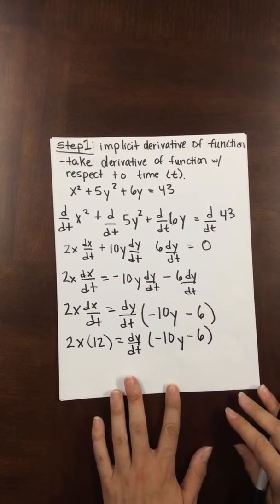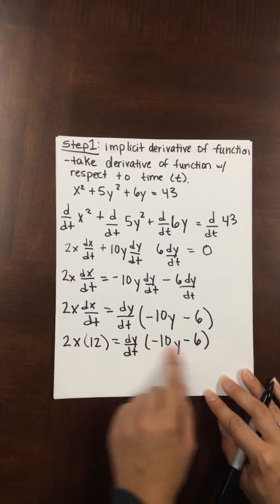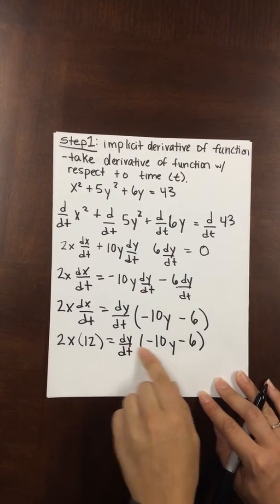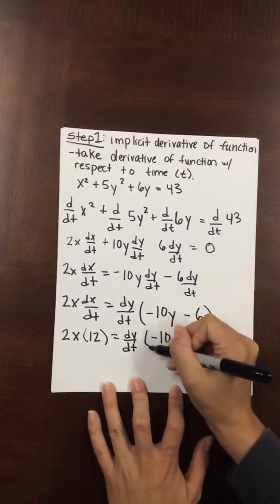If we rewrite this, we get 24x here, and then this whole section. When we want to get dy/dt by itself, we divide by this factor to cancel it out onto both sides.